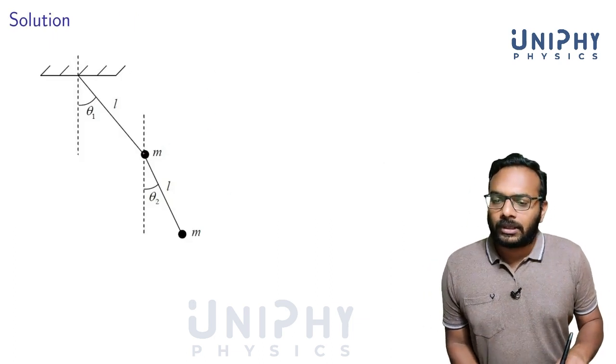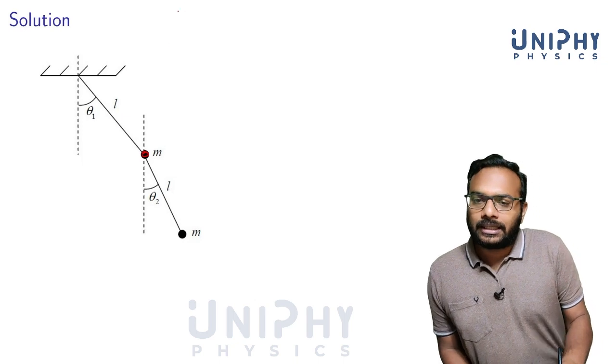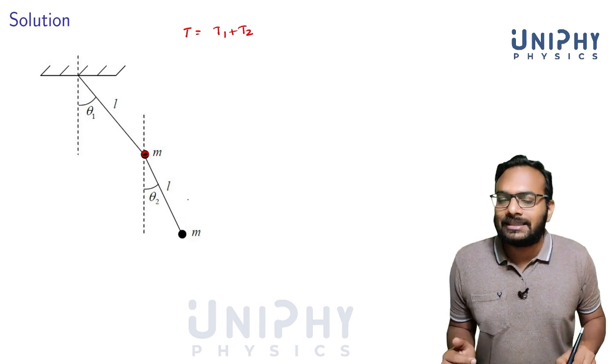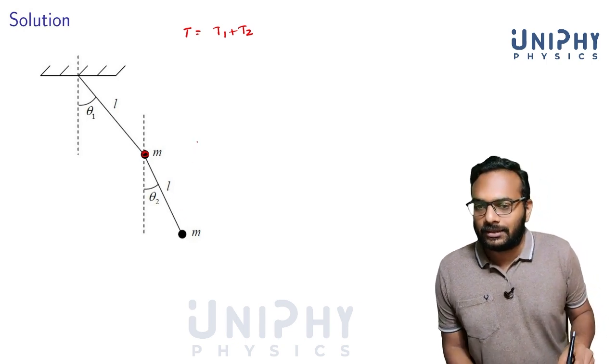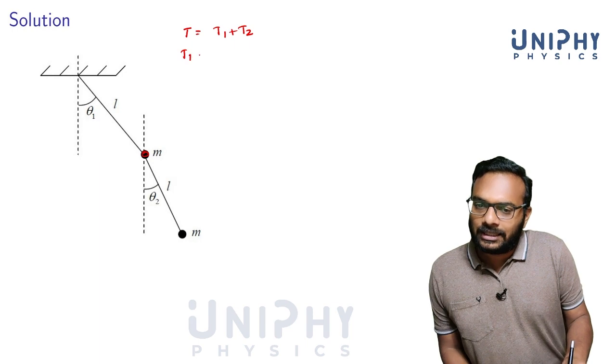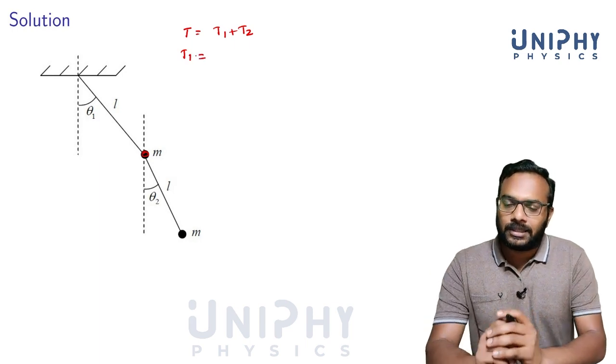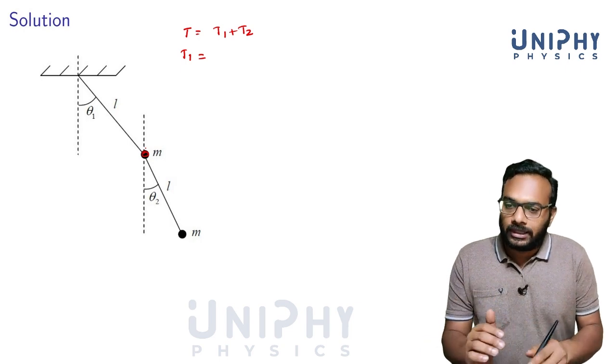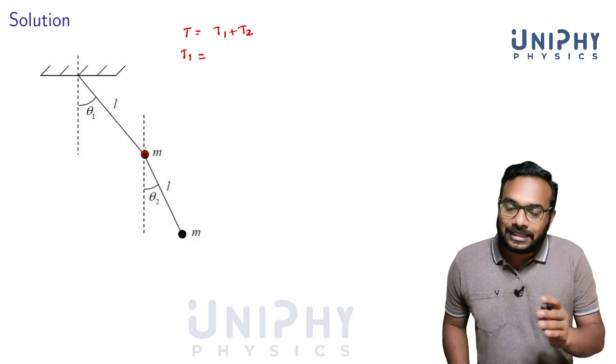Now we know how to write the kinetic energy. We can write the total kinetic energy as T is equal to T1 plus T2, because these are kinetic energies, we can just add them. And T1, it's quite easy. We have seen it in the case of a simple pendulum. We know that there is no radial movement, it has only tangential movement.